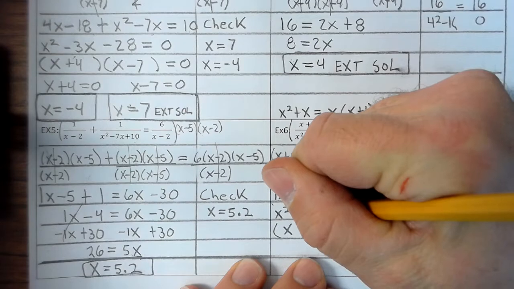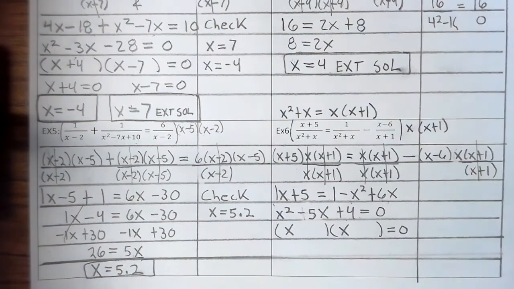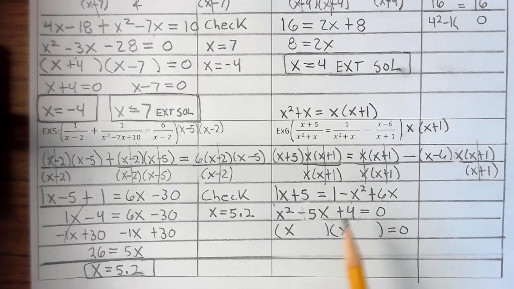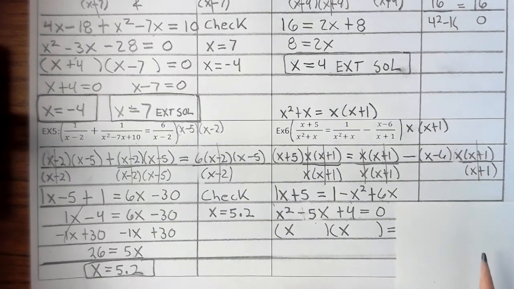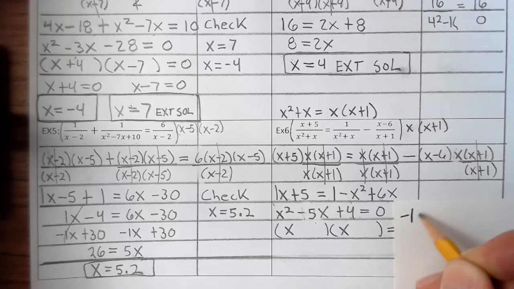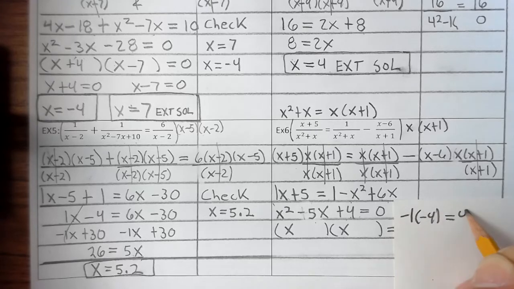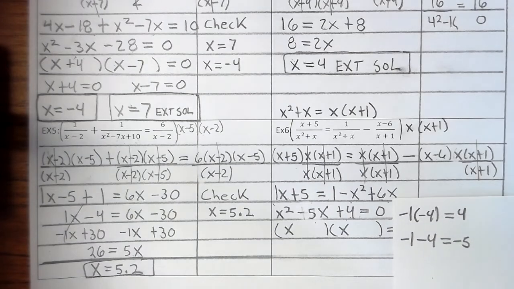Okay. Now that makes a lot more sense. Now we need to find all the combinations to multiply to be 4, combined to be negative 5. Well, real simple. Negative 1 times negative 4 is a positive 4. Negative 1 minus 4 is negative 5. So our factors are x minus 1, x minus 4.